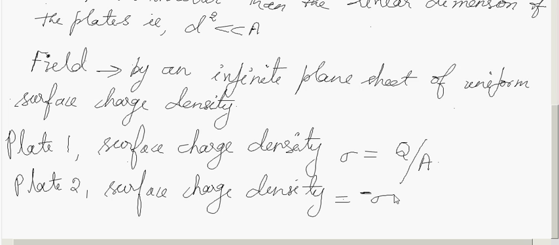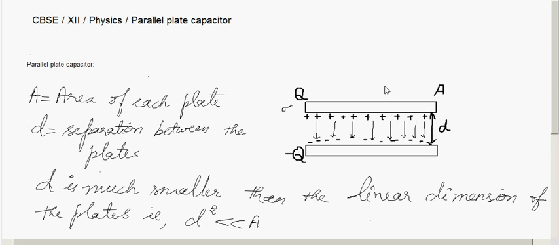Now we will find out the electric field due to these plates in different regions. We consider the region outside the plates as region 1, and similarly on the other side, outside, it is region 2, and there is a region inside, that is, the region between the two plates.